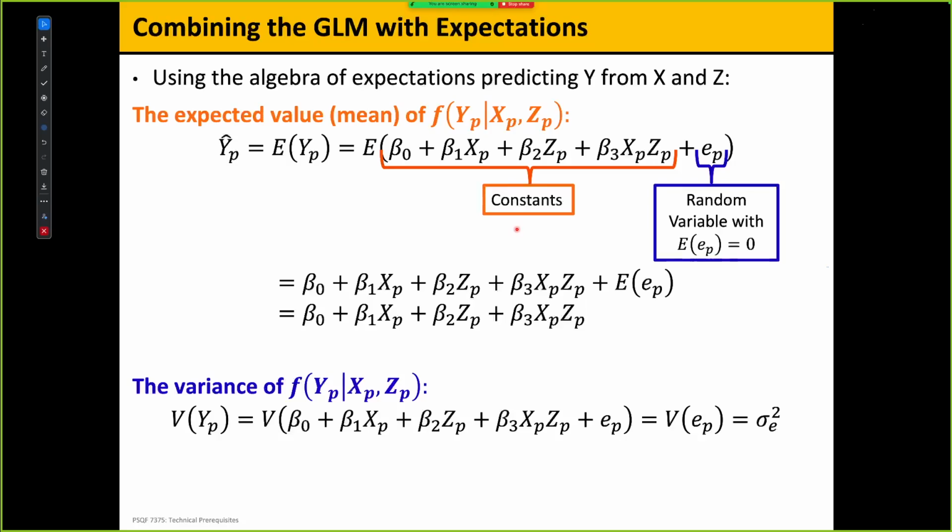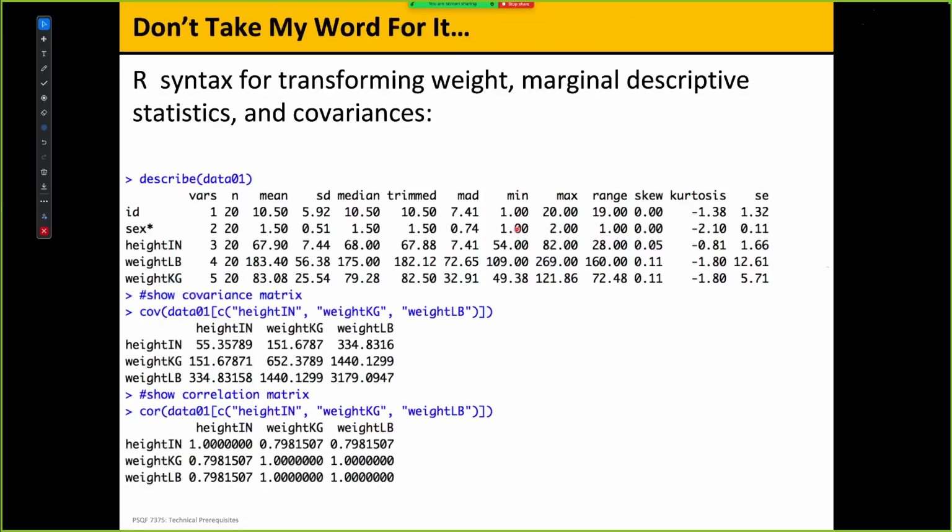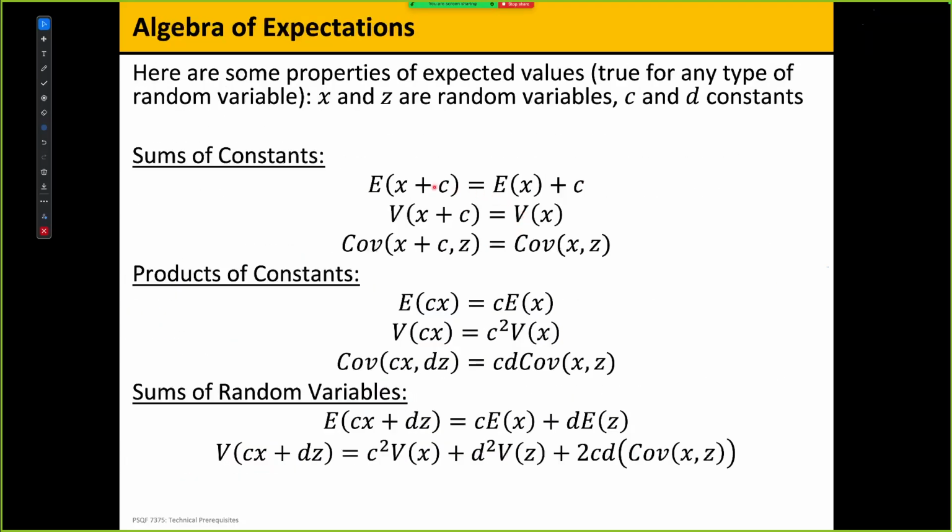You're welcome. Similarly, I could have defined this function a little bit differently. I could have said the expectation of x plus c is equal to the expectation of x plus the expectation of c.